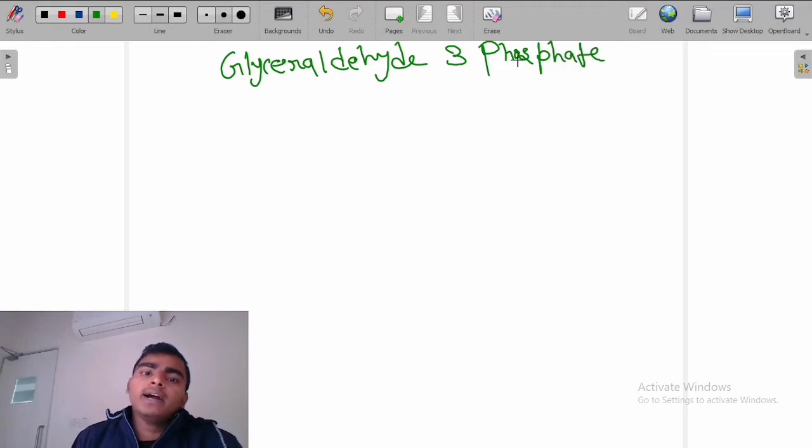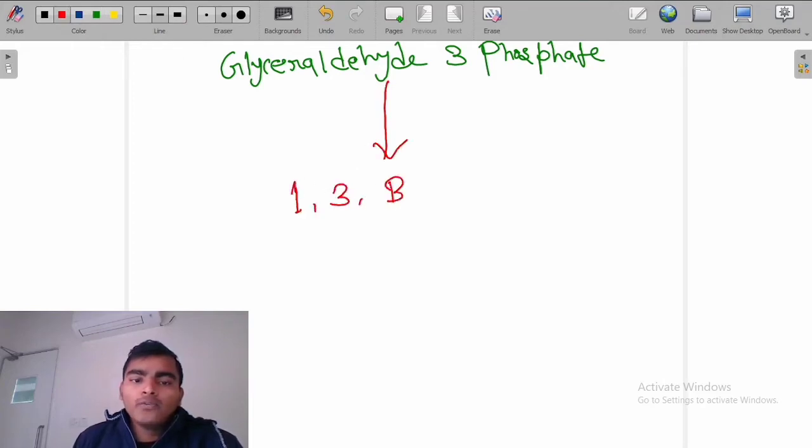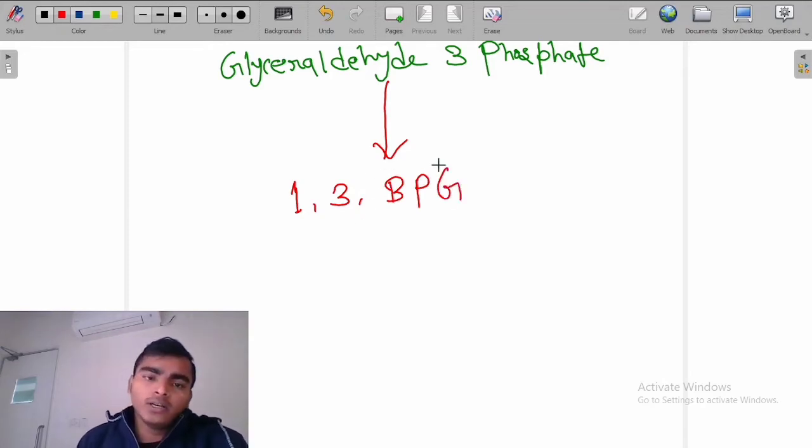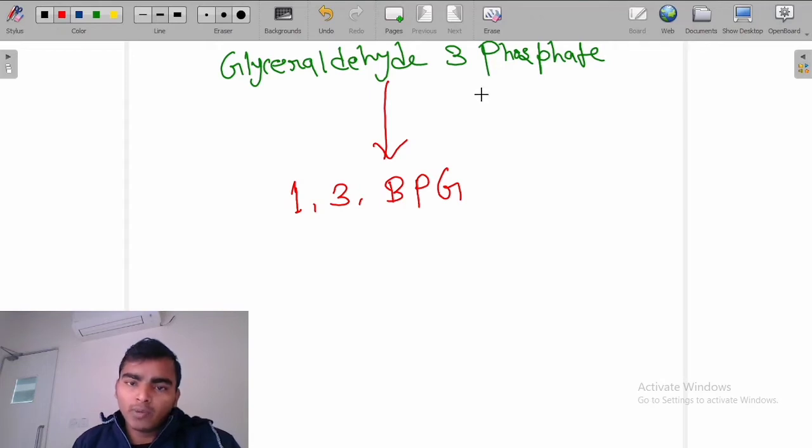Now this glyceraldehyde 3-phosphate is going to be converted into 1,3 biphosphoglycerate. So glyceraldehyde 3-phosphate has one phosphate molecule, and that is present on the 3rd prime carbon.